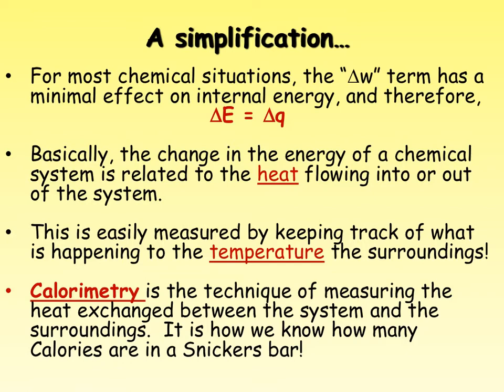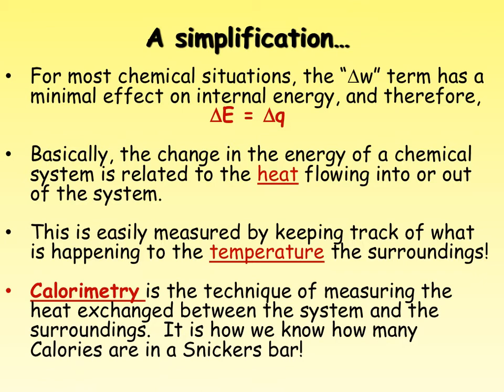So, what this does for us is that we can get a pretty good idea of how much energy is needed to perform any sort of reaction, to perform any sort of chemical or physical change by measuring the temperature change in the surroundings, because heat directly affects the temperature. Okay?